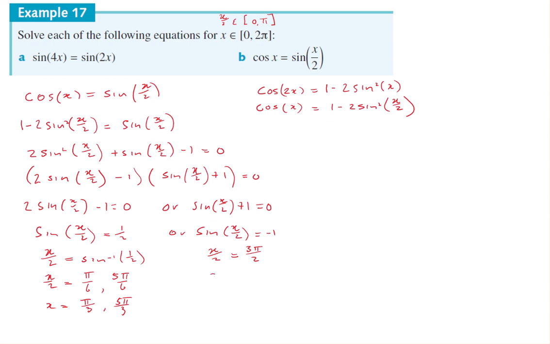So x will equal 3 pi on 4. So your solutions are x is equal to pi on 3, 3 pi on 4, or 5 pi on 3. It's a beautiful thing.